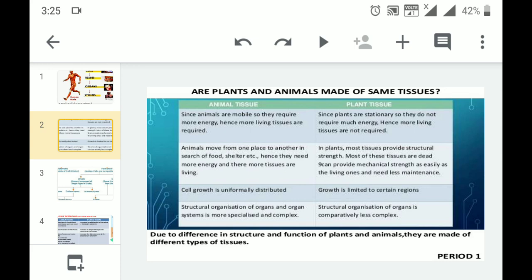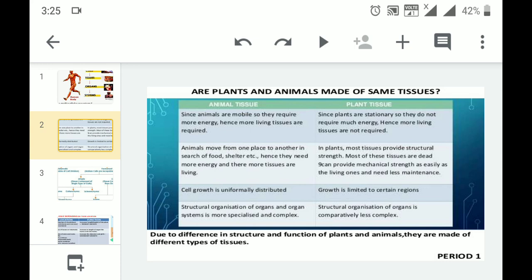Most of the tissues are dead, which can provide mechanical strength as well as living ones and need less maintenance. Cell growth is uniformly distributed in animal tissues, whereas in plant tissues growth is limited to certain regions.